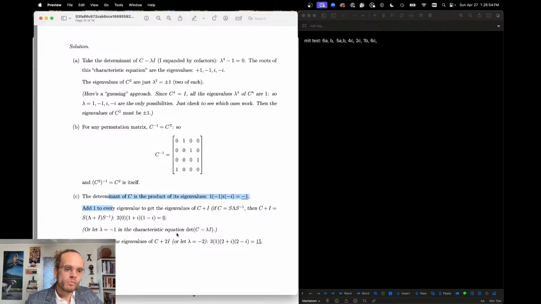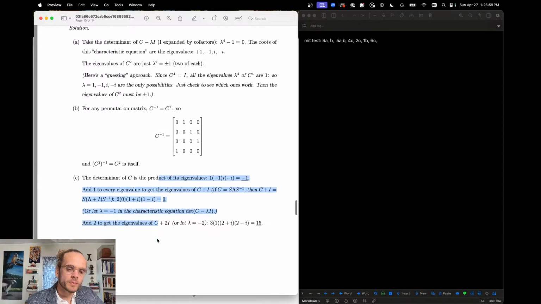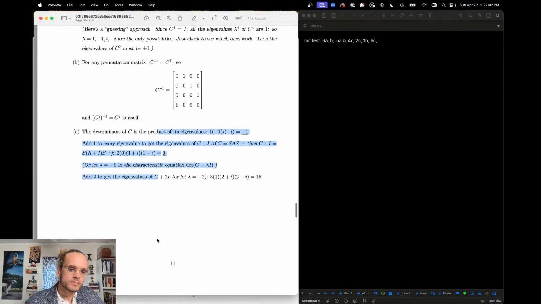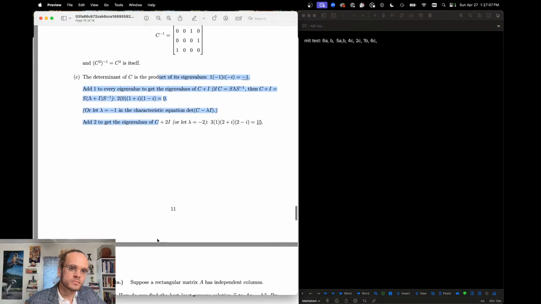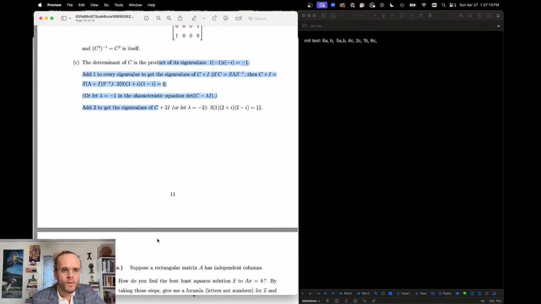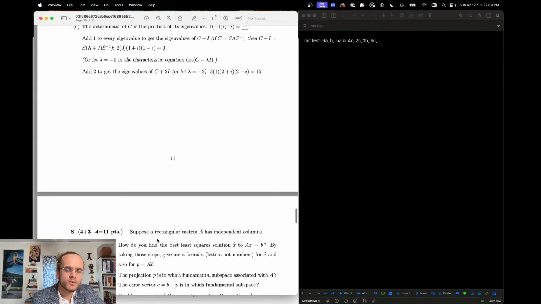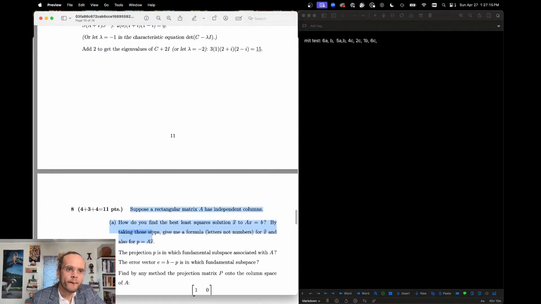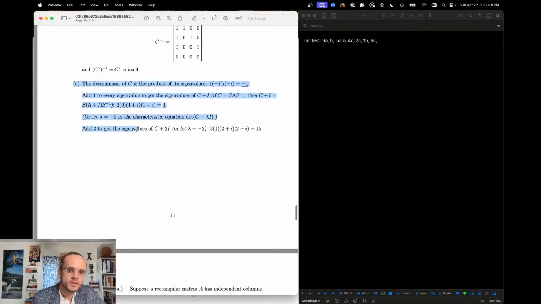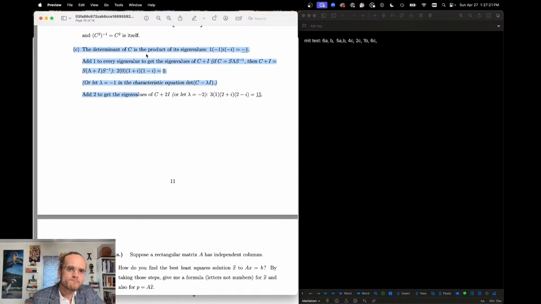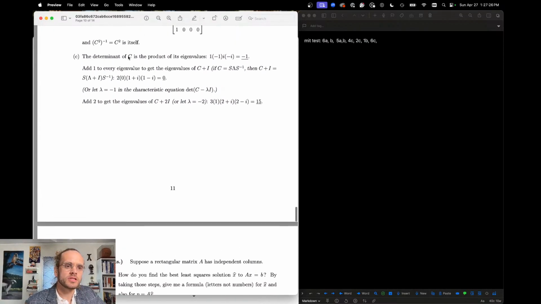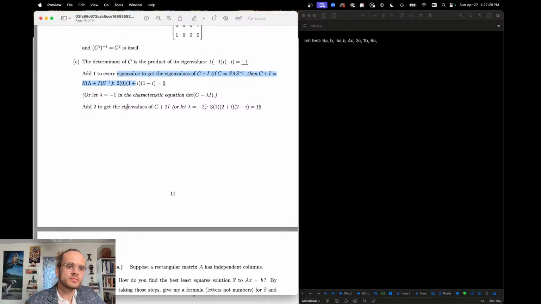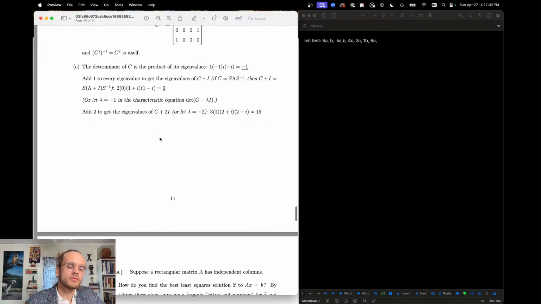Interesting. The determinant of C is the product of its eigenvalues, so it's negative 1. Well, they had a different method.